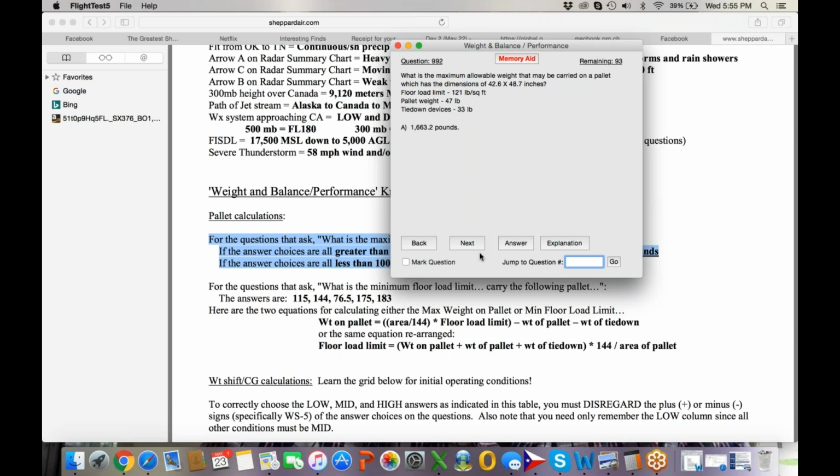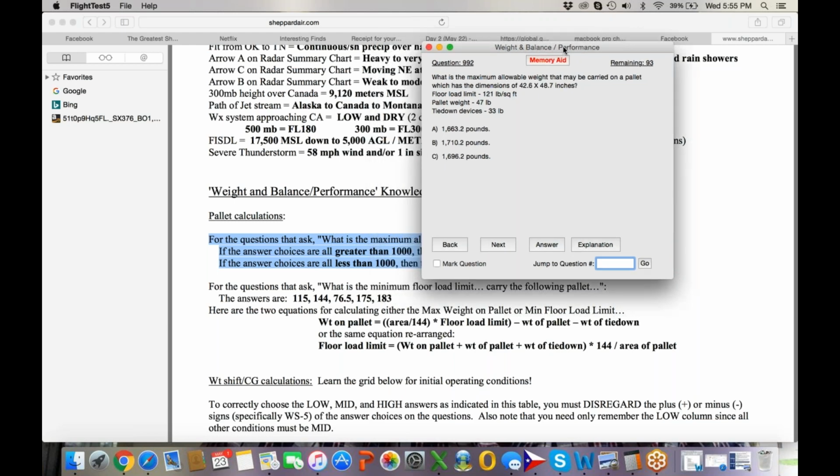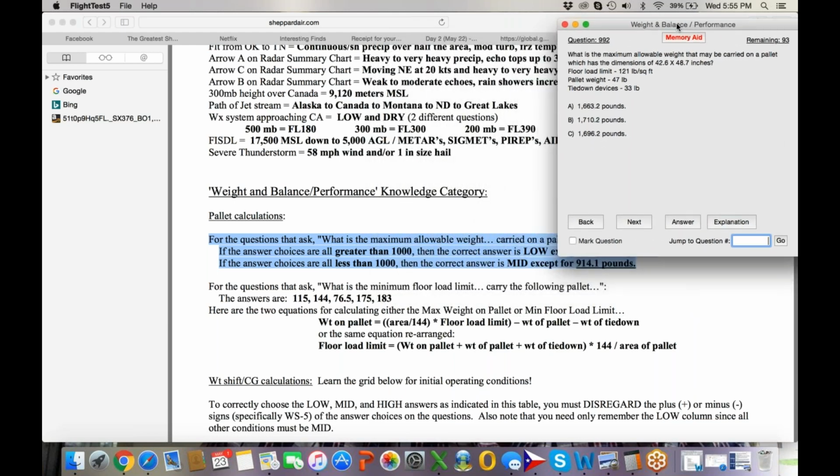let's see. It's not going to give you all of the answers unless you're in the test mode. There you go. So all the answer selections here are above 1,000 pounds, right?